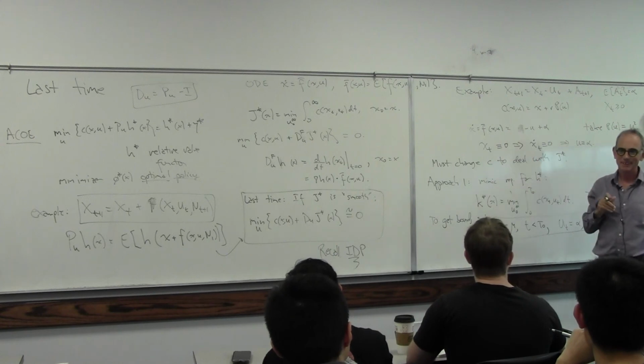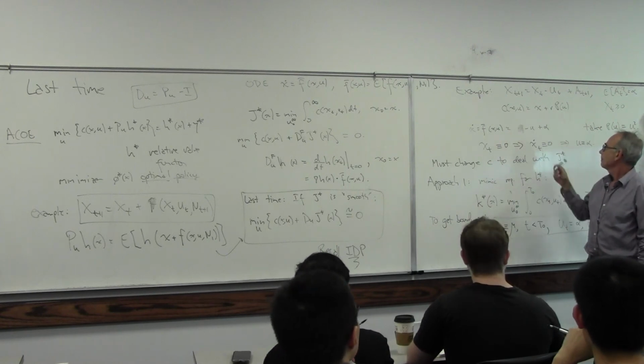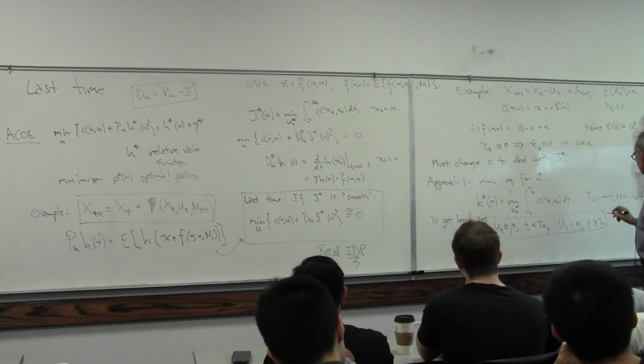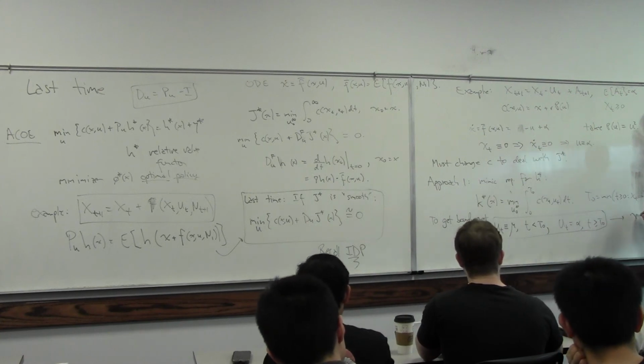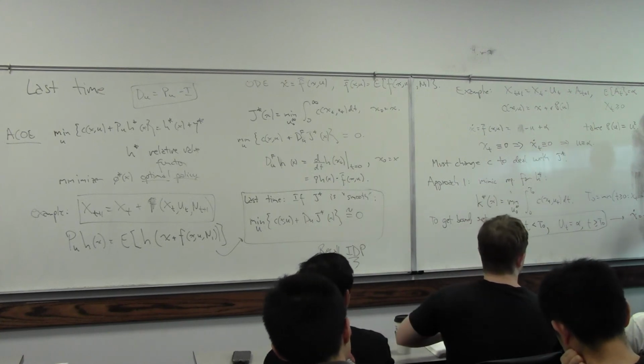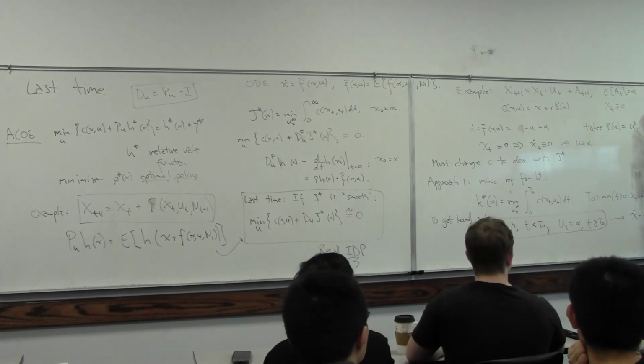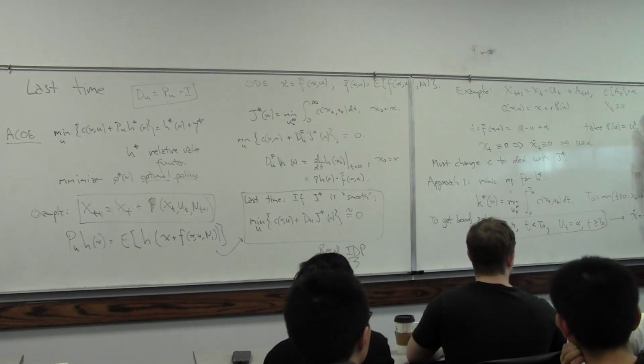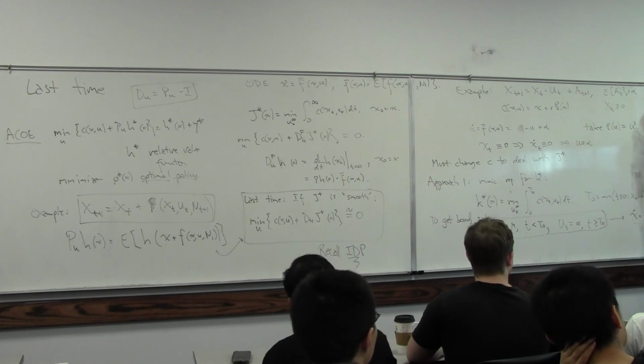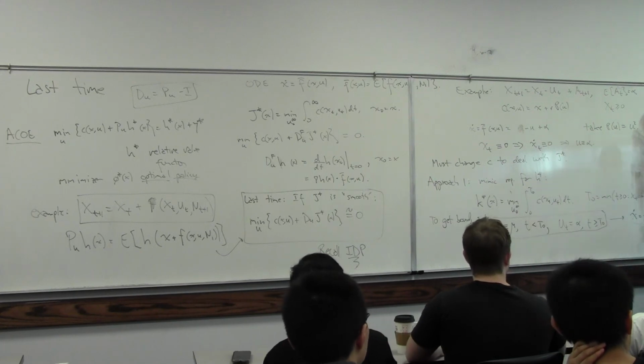If you plug this in, of course you're going to have to take mu large enough so you actually stabilize the system. So mu is going to be larger than alpha. And then we've done this before.